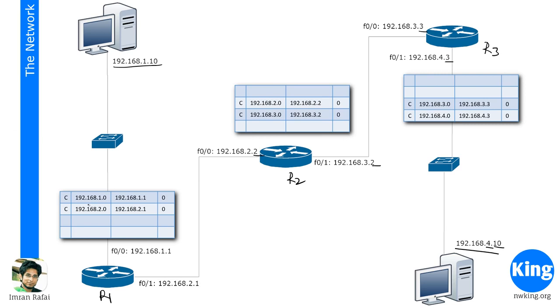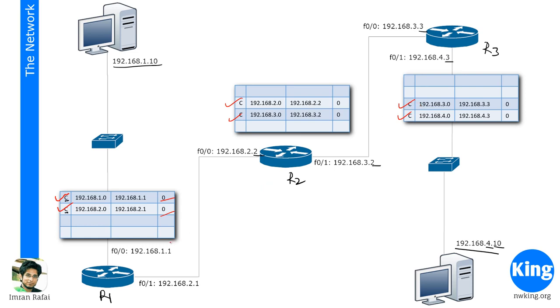That means in the routing table you will have C and C, both of them connected, and they will have a hop count of 0, because the metric used in RIP is hop count, so it has a hop count of 0 because they are all directly connected. Similarly, router 2 has 2 directly connected networks, and router 3 has 2 directly connected.